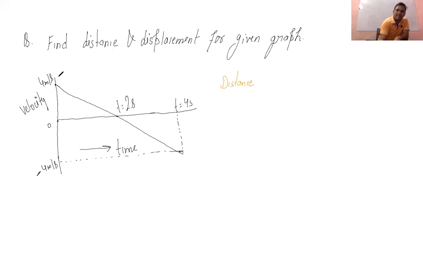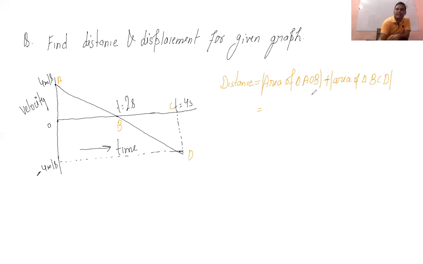This is, let's say, O, and this is point A, this is B, this is point C, and this is point D. So distance can be written as area of triangle AOB minus area of triangle BCD. You can see, here we have to take the mod sign. Mod of these, plus will be there.